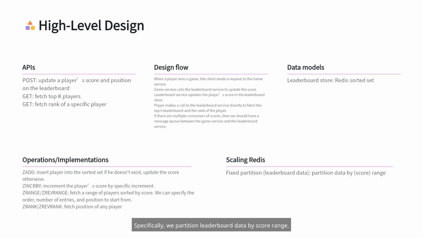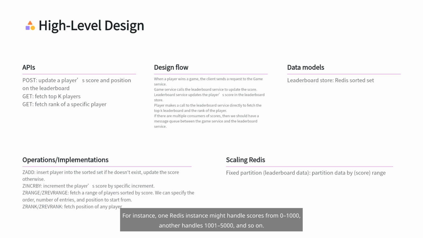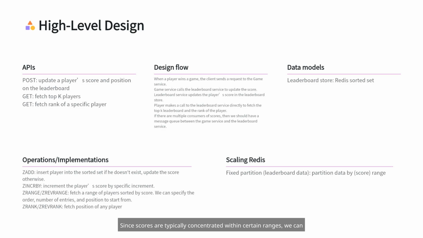Specifically, we partition leaderboard data by score range. For instance, one Redis instance might handle scores from 0 to 1000, another handles 1001 to 5000, and so on. This way, each shard only manages a portion of the overall leaderboard data. This technique allows the ZADD, ZINCRBY, and ZRANK operations to remain performant even as the number of players scales.